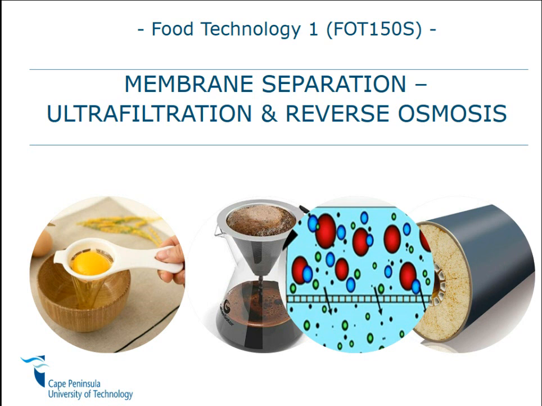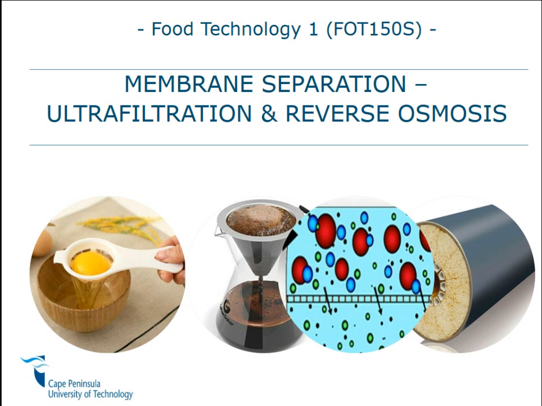So now, what is membrane filtration? Membrane separation is a technique that is commonly used in various technological processes in the food industry. We see this in the dairy industry, where membrane separation is used for concentration, standardization of the protein and casein, concentration of proteins in milk, isolation of protein from milk, and moreover, removing bacteria from milk.